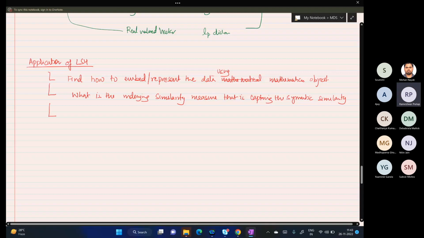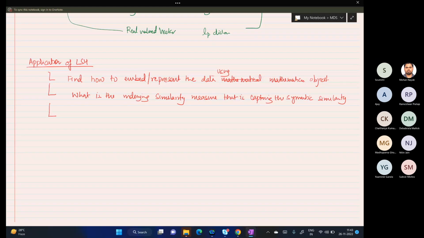So once we are done with this, then we need to identify which LSH we should use, by LSH for the data type and similarity measure, right?